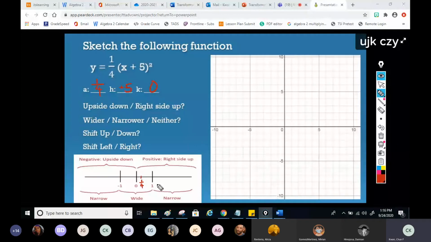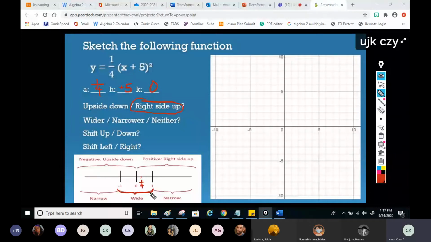The first is, since this is a positive number, the graph is right side up. And then the second thing is 1/4 is in between -1 and +1, all right?